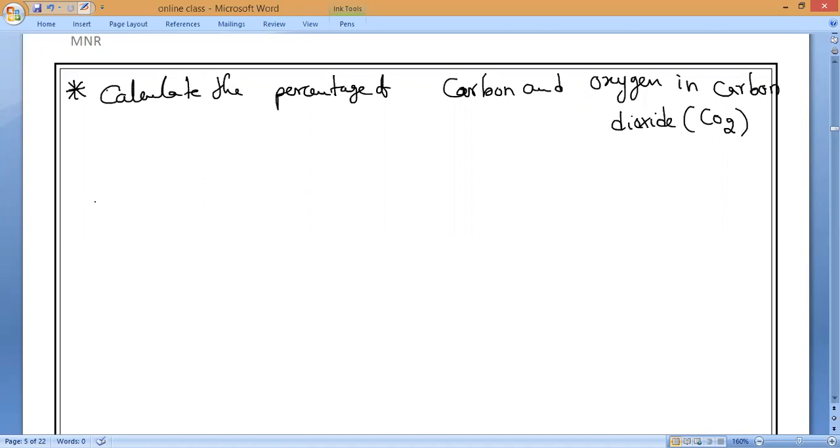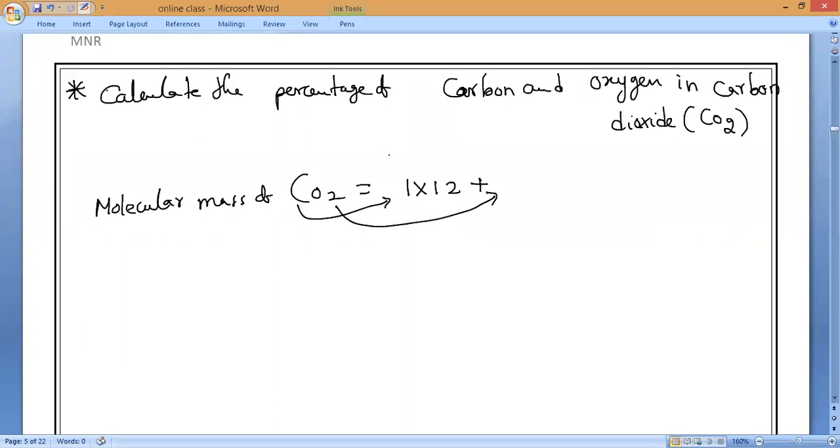First of all, find the molecular mass of CO2. Molecular mass of CO2 is equal to the number of atoms of the first element, 1, into the atomic mass of carbon, which is 12, plus the number of atoms of the second element, 2, into the atomic mass, 16. You have to remember the formula.